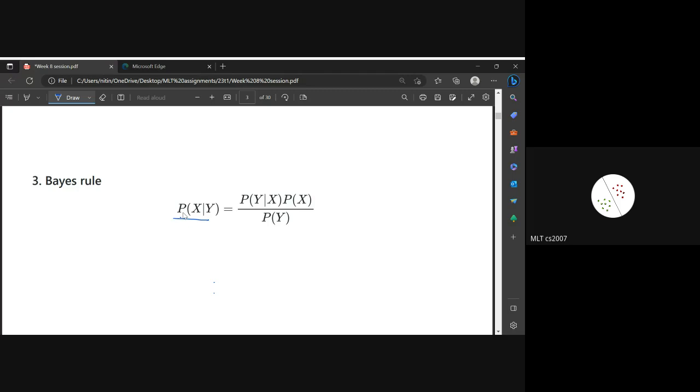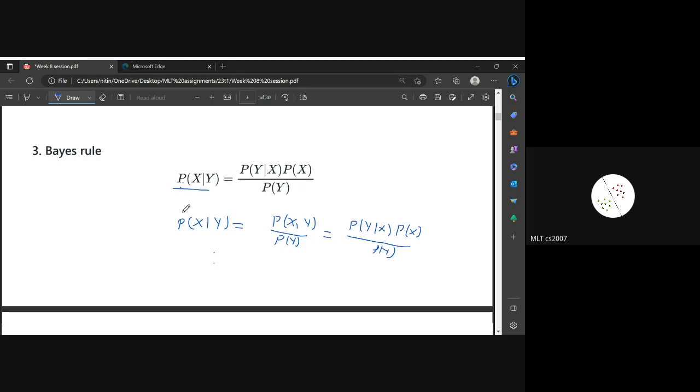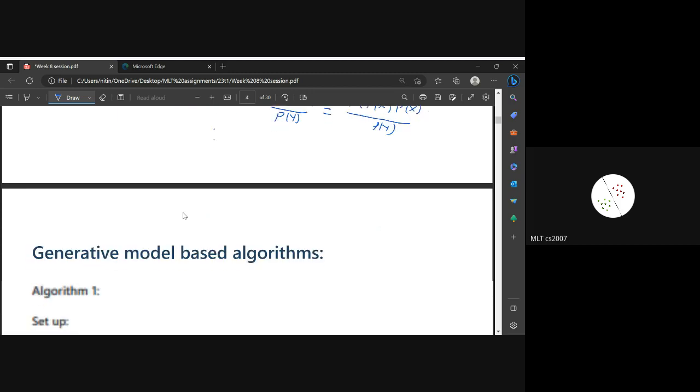You can write P(x given y) as P(x, y) upon P(y), and P(x, y) can be written as P(y given x) times P(x), over P(y). So this is called Bayes rule. If you know all these things already, then naive Bayes is just applying these rules. And one more thing that you need to know is the MLE that we already know, right? Okay. Now come to the actual model.